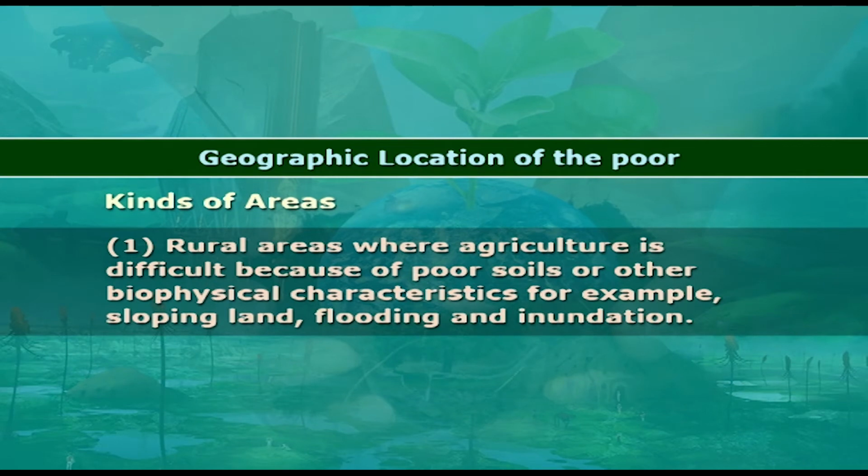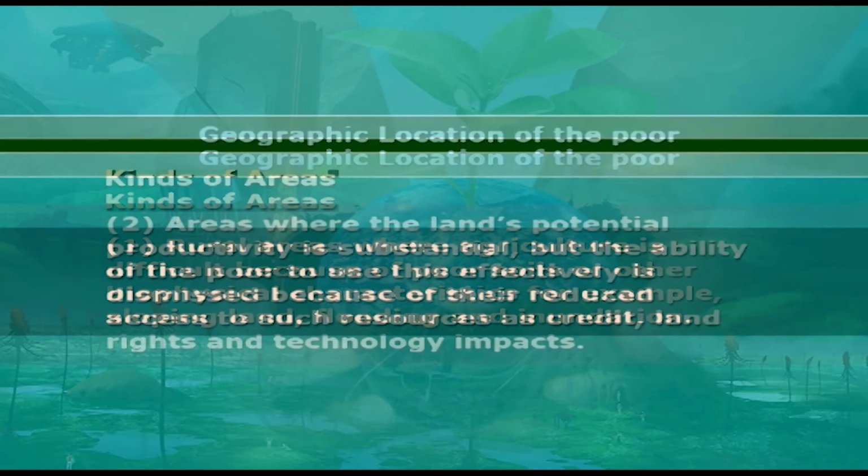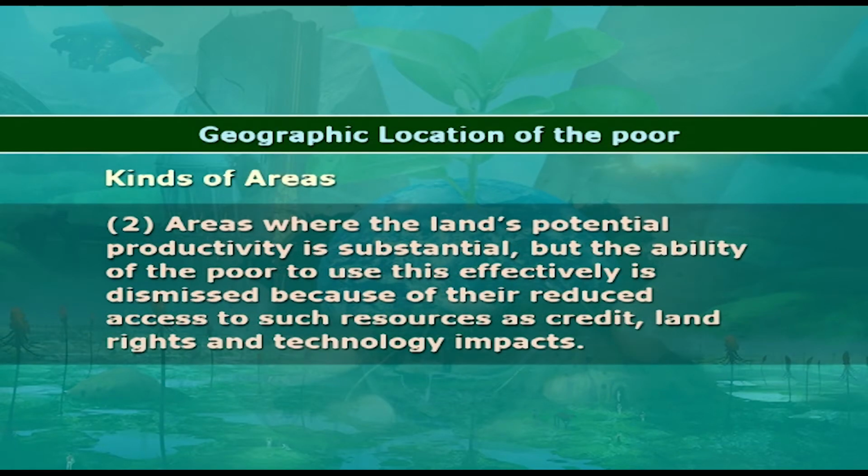Number 1. Rural areas where agriculture is difficult because of poor soils or other biophysical characteristics, for example, sloping land, flooding and inundation. Number 2. Areas where the land's potential productivity is substantial, but the ability of the poor to use this effectively is limited because of their reduced access to such resources as credit, land rights and technology.